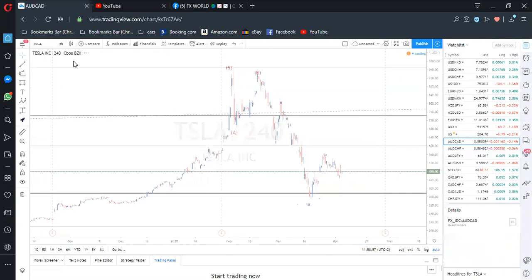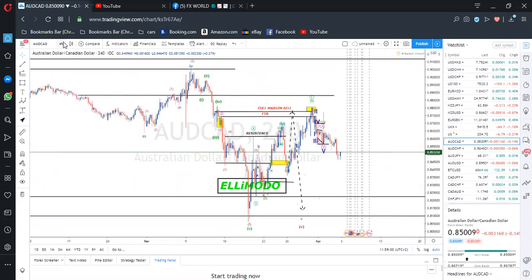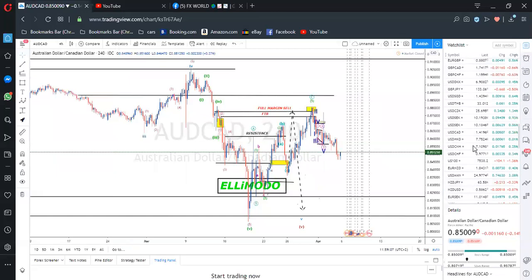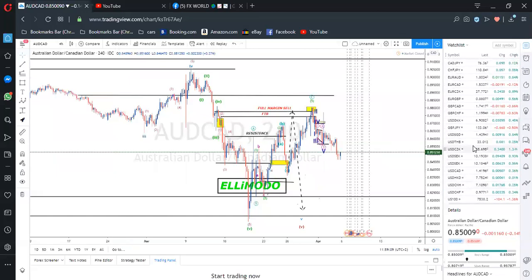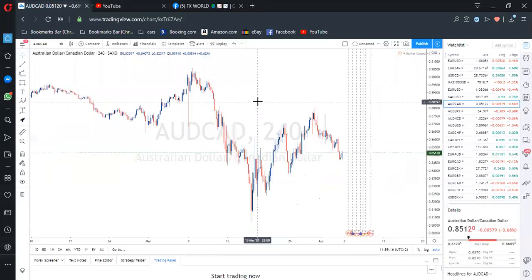Let's just go to AUD/CAD here. You see this one? This is from an IDC chart. I'll show you another one in a Saxo broker.